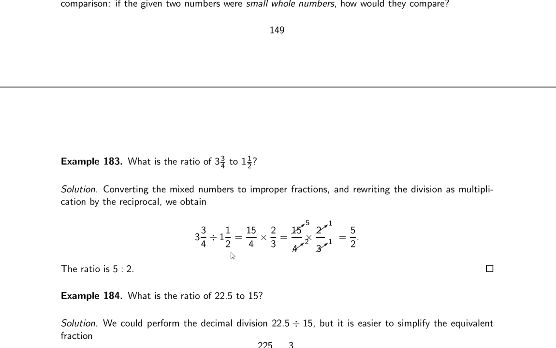Well, you have to convert them to improper fractions. So 3 times 4 plus 3 is 15, so the first one is 15 over 4. 1 times 2 plus 1 is 3, so the second one is 3 over 2.